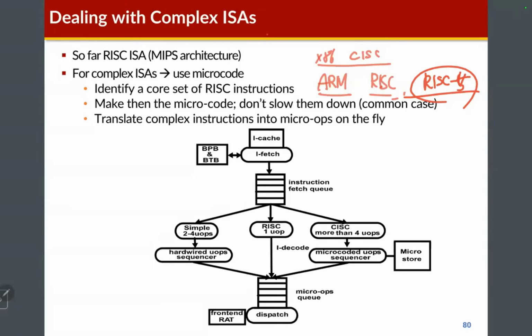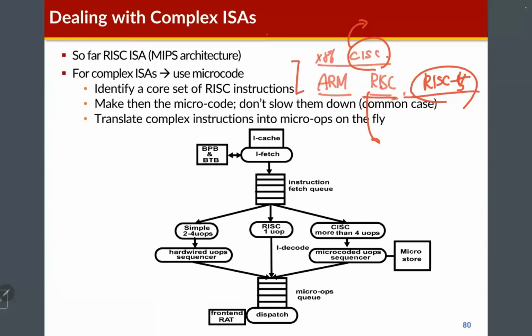So we can compare the CISC architecture and the RISC architecture. The C of CISC means complex, which means that the instruction set architecture is very complex. But in the RISC architecture, R means reduced, which means the instruction set architecture of a RISC computer is simpler than that of a CISC computer.